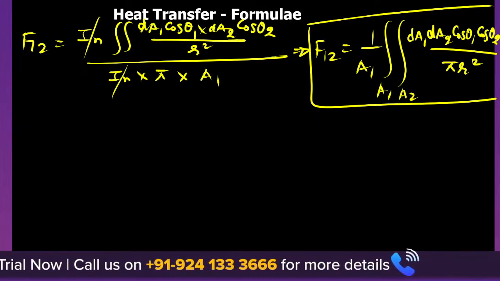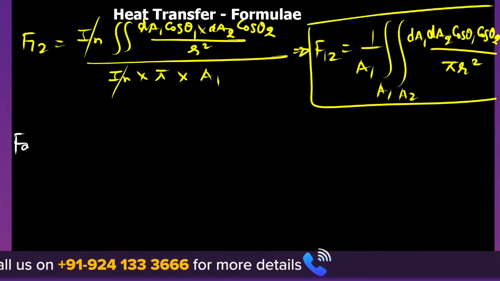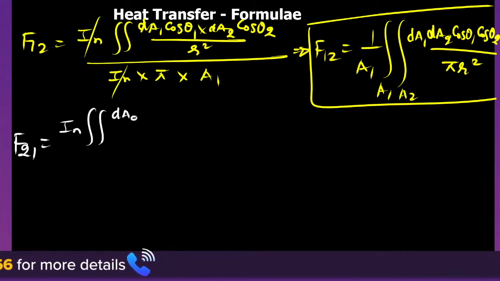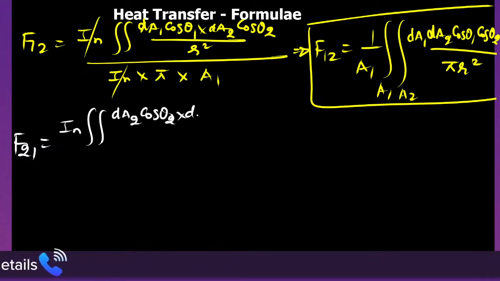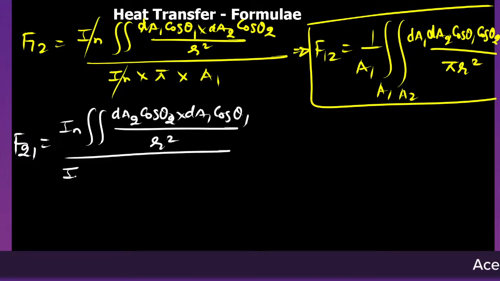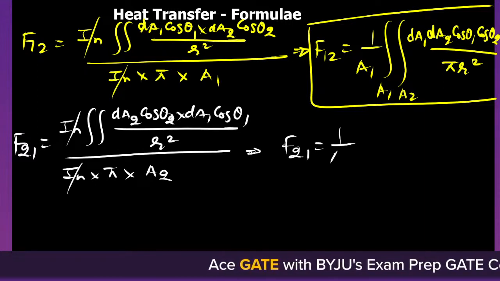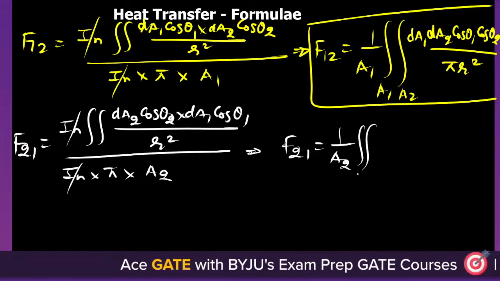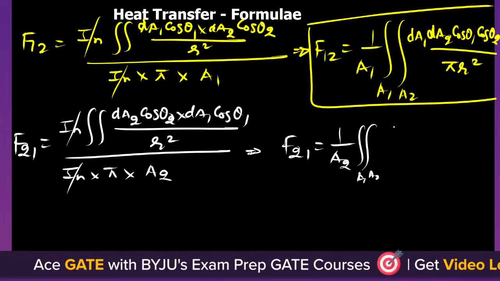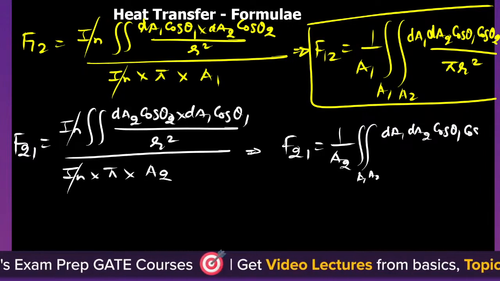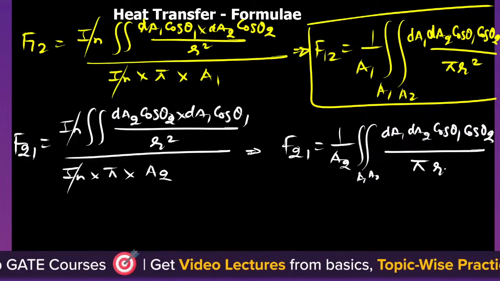If we want to write F21, then it will be intensity, then double integration, dA2 cos theta 2 into dA1 cos theta 1 upon R square, divided by intensity into pi into A2. Intensity gets cancelled out. So F21 is equal to 1 upon A2, then double integration A1 and A2, dA1 dA2 cos theta 1 cos theta 2 upon pi into R square.